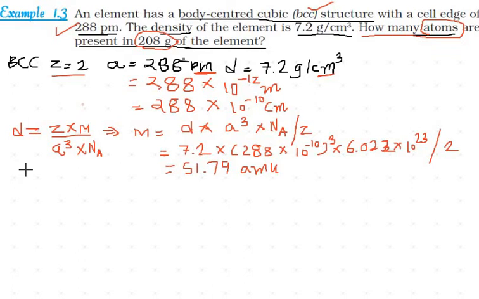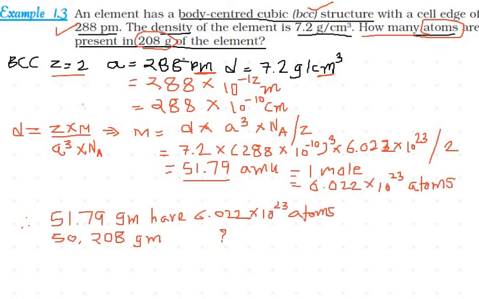Okay. So for us, this 51.79 becomes equal to what? It becomes equal to 1 mole. And 1 mole has how many atoms present? It has 6.022 into 10 to the power 23.